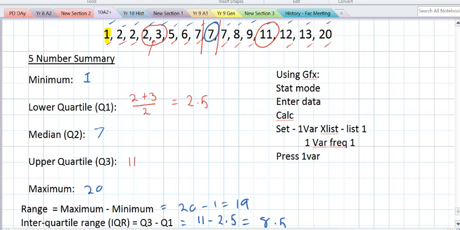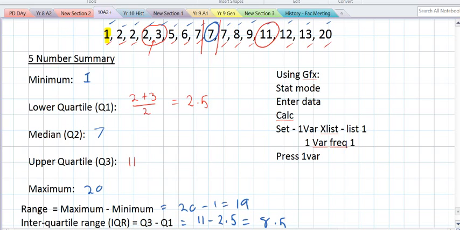Alright, so looking at this, on the first row it says 1 var X list. Next to 1 var X list, it needs to read list 1. Most of them should have this setting already.